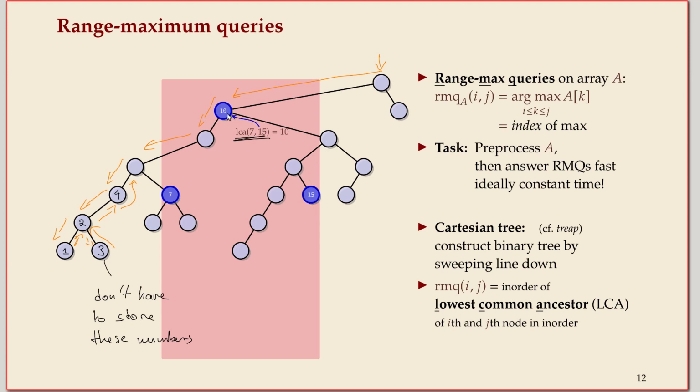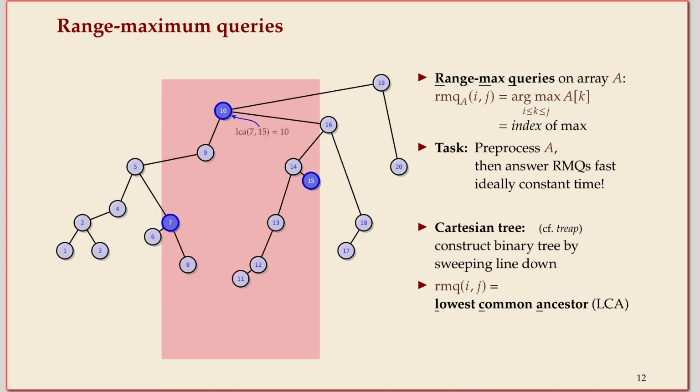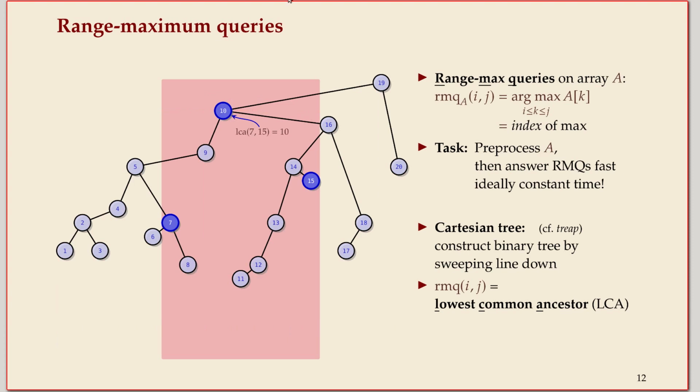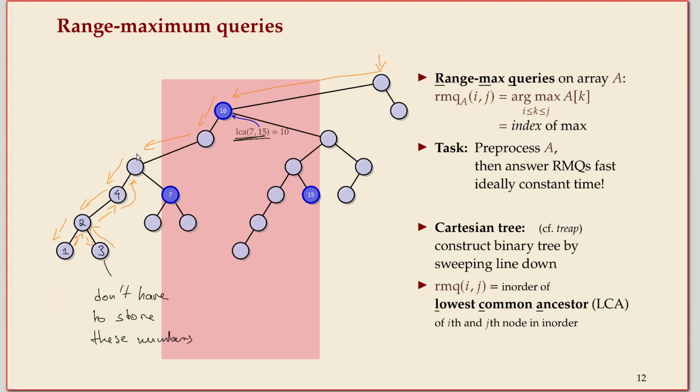That's this node in the tree. And then the result to the range-min query was 10, which is nothing but the in-order ID of that node, the in-order rank of that node. So again, once we have computed all those numbers, we can still answer range minimum queries if we have only been given the tree.